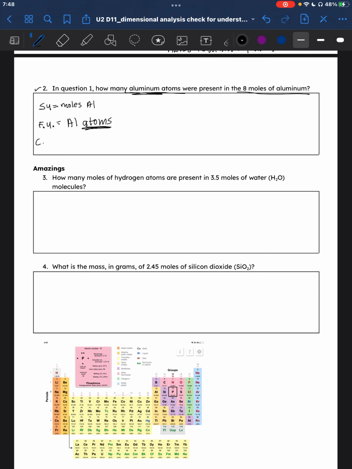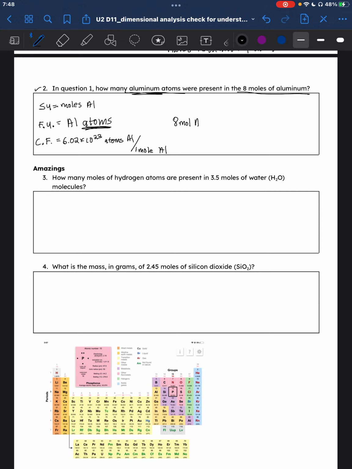All right, so my conversion factor is 6.02 times 10 to the 23rd atoms of aluminum, or any object really, over 1 mole of aluminum atoms, or 1 mole of anything gives me 6.02 times 10 to the 23rd individual things.